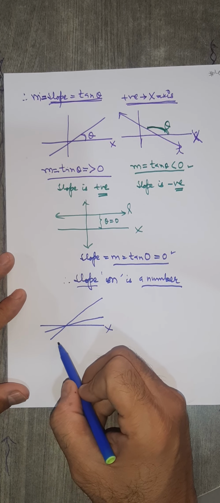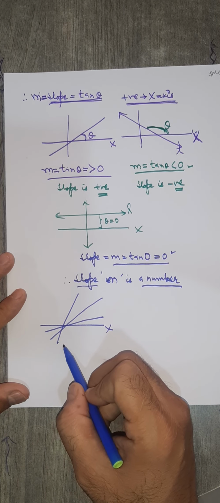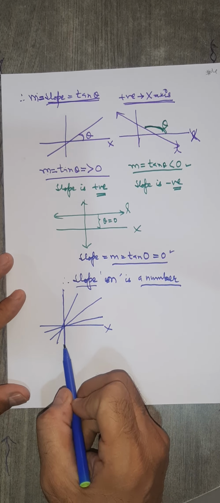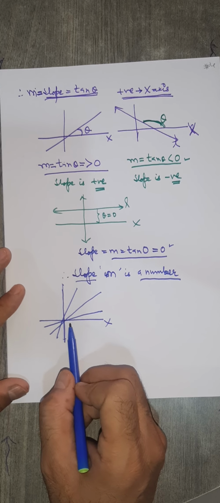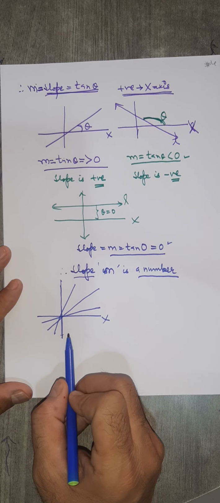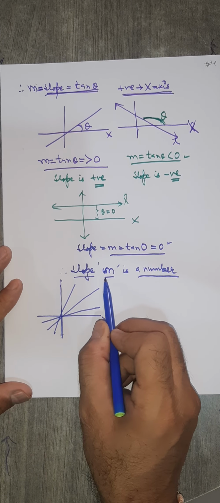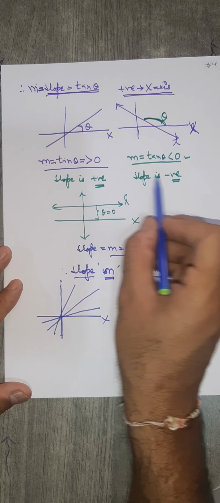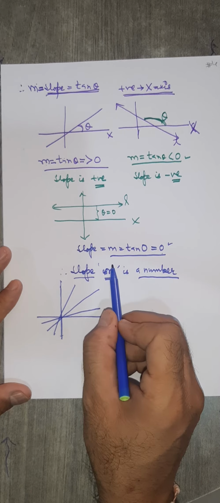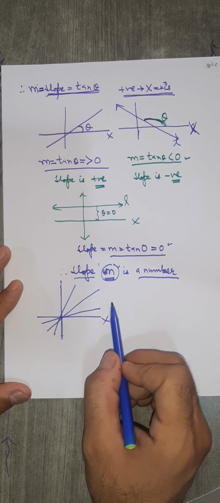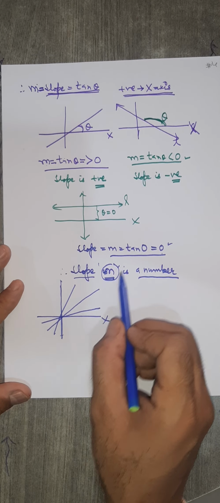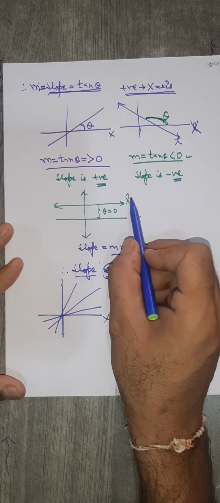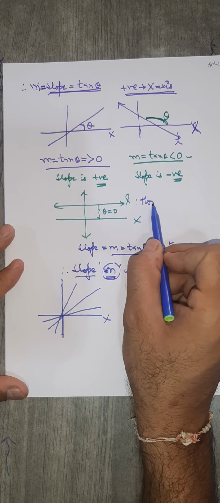Slope increases, and becomes very large here, because inclination becomes very large here. So in general, slope is a number associated with the line. It can be 0, positive or negative. For which line is it 0? If it is a horizontal line. You know this is called the horizontal line.